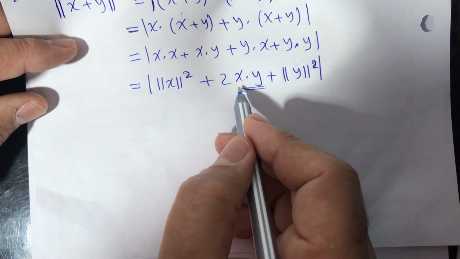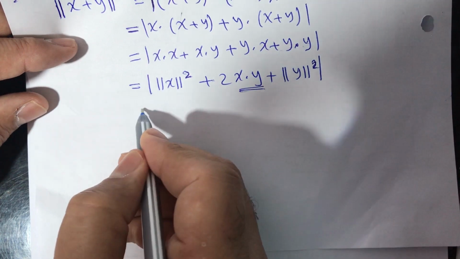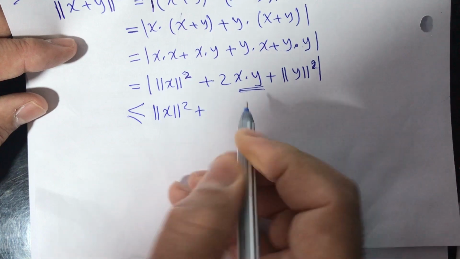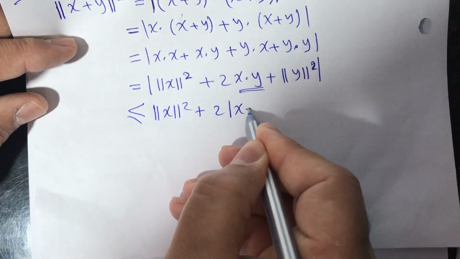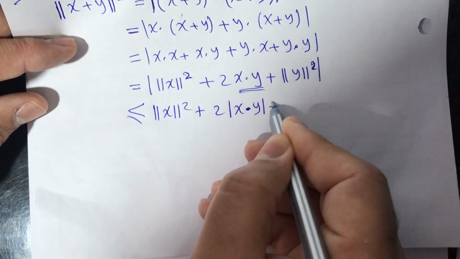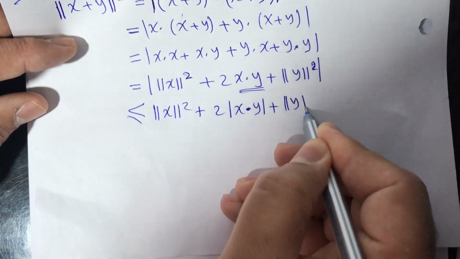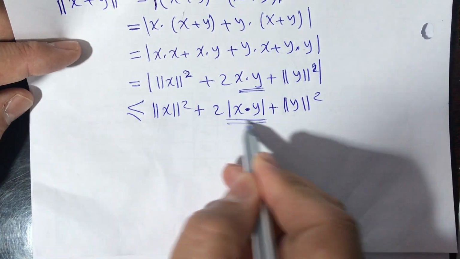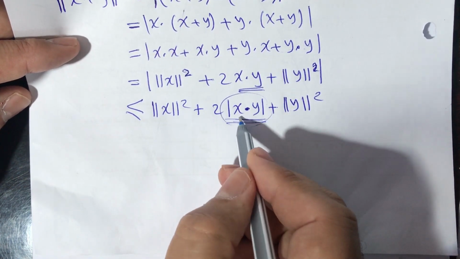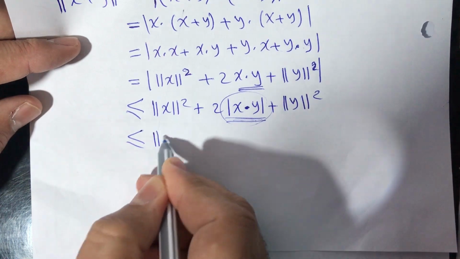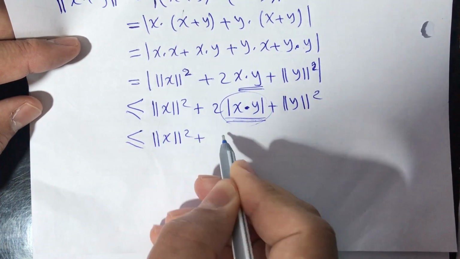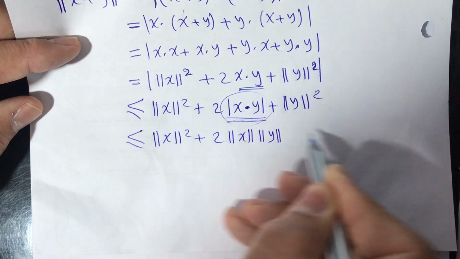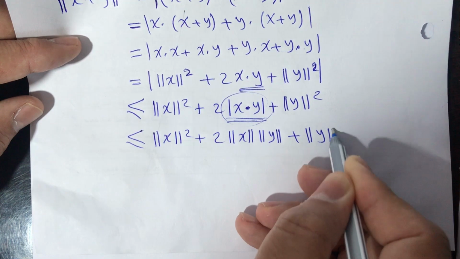This is less than or equal to the norm of x squared plus 2 times the norm of x times the norm of y, plus the norm of y squared.